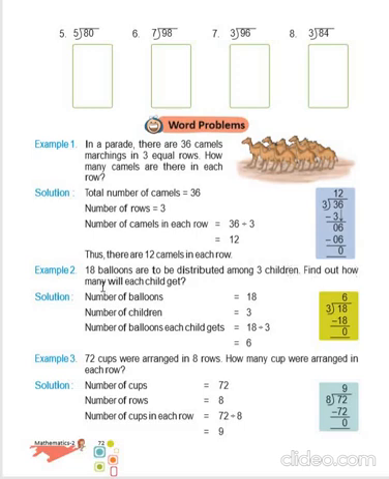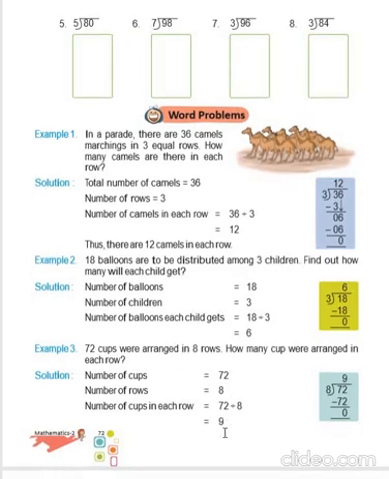Find out how many each child will get. So it will be 18 divided by 3, which is equal to 6. Now come to example 3. 72 cups were arranged in 8 rows. How many cups were arranged in each row? So it will be 72 divided by 8, which is equal to 9.